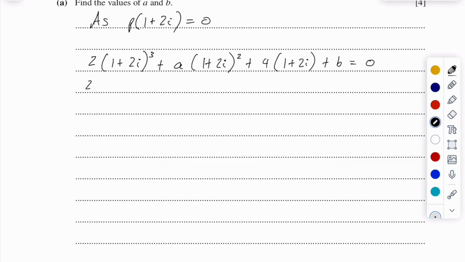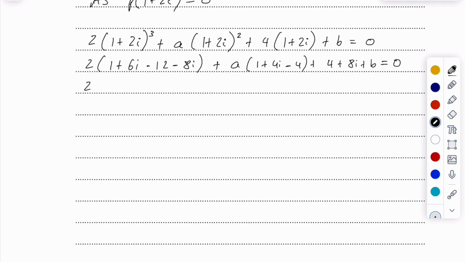we get 2 times, let's see, 1 plus 6i minus 12 minus 8i, plus a times 1 plus 4i minus 4, plus 4 plus 8i, plus b equals 0.